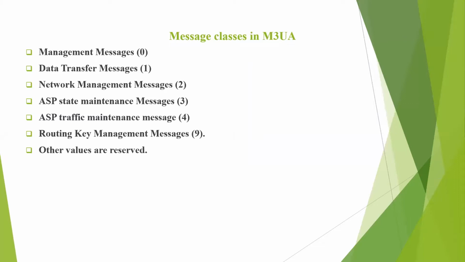We have now the message classes, which include management messages, data transfer, network management, the application server process state maintenance, also the application server process traffic maintenance, the routing key management, and other values are reserved according to the IETF.